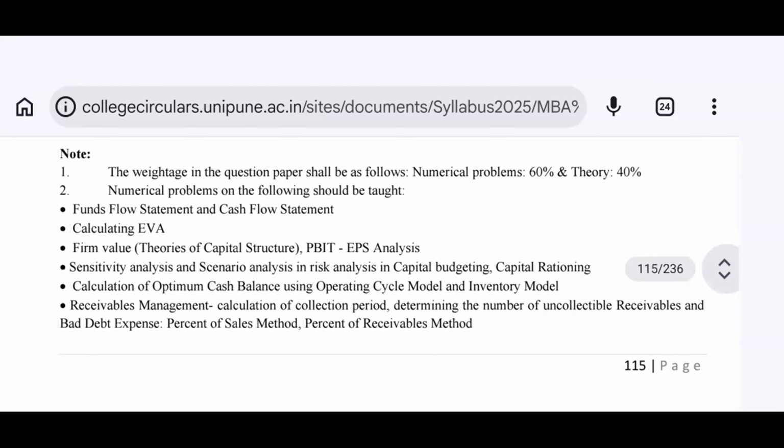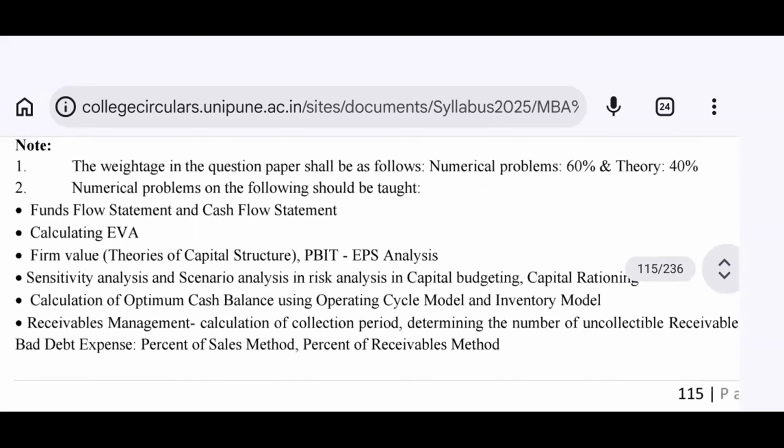They are asking numericals regarding scenario and risk in capital budgeting. So if you're thinking, okay, I know the NPV, IRR, payback, and so on, it is there. But the numericals are asked on capital rationing and sensitivity analysis.